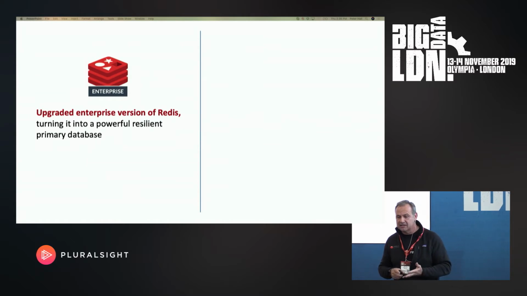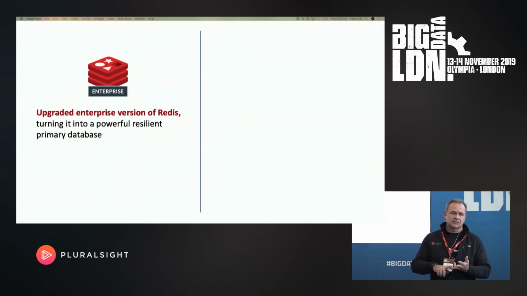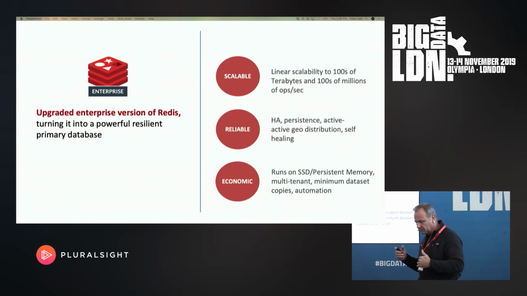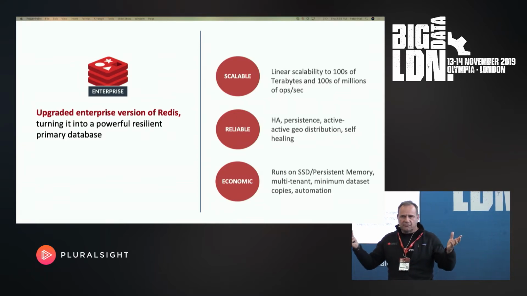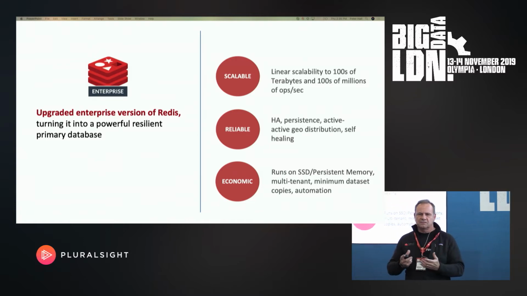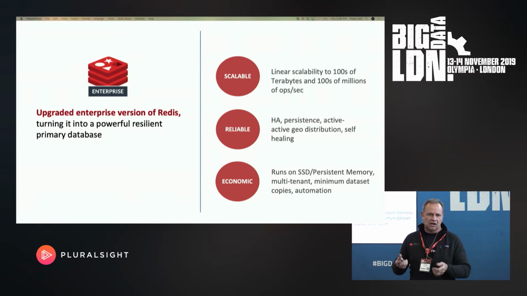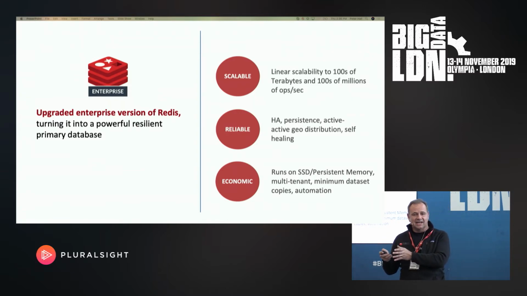So we add HA, scale-out, linear scalability, multi-geography replication, all of these mission-critical functions that large organizations require. We also add some additional functionality in the data types, which we'll talk about a little later.